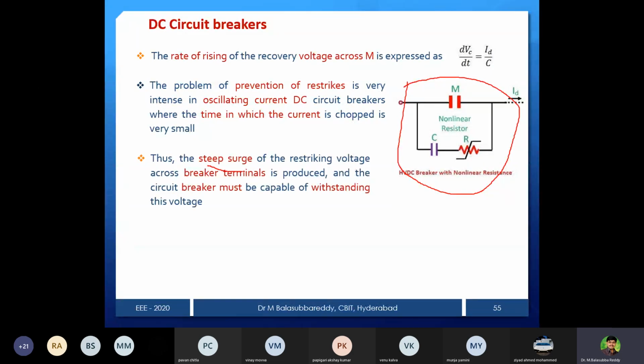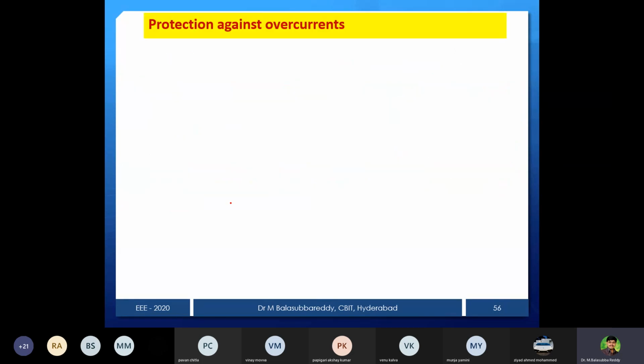The steep surge of restriking voltage across the breaker terminals is produced, and the circuit breaker must be capable of withstanding that voltage. If the breaker is unable to withstand it, the circuit breaker is going to fail again. So you have to use a high voltage withstanding rating. That is about the DC circuit breaker.